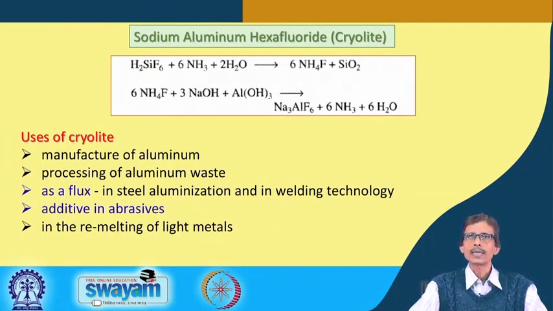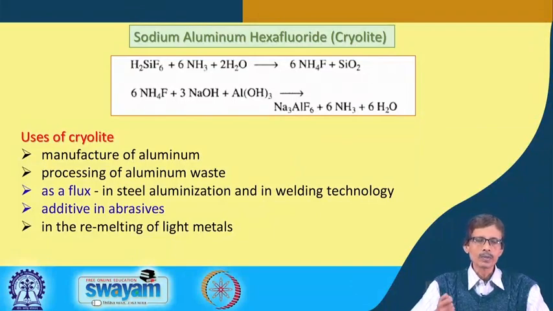Just now we have seen that from the scrap aluminum or any other aluminum, we can make this Na3AlF6. Then obviously, the second thing, that means the processing of aluminum waste, because the industrial waste or any other thing where we are consuming aluminum. So, this aluminum basically can be your waste material, and that can be processed for very useful cryolite preparation.